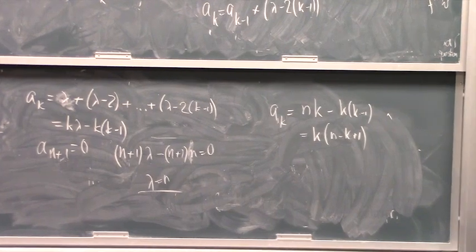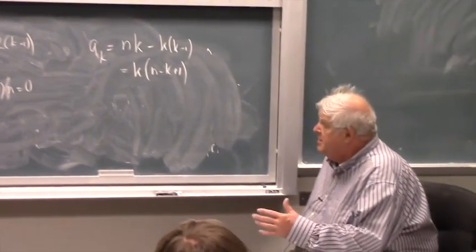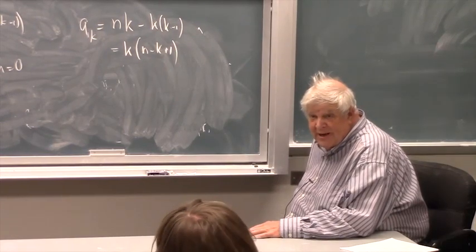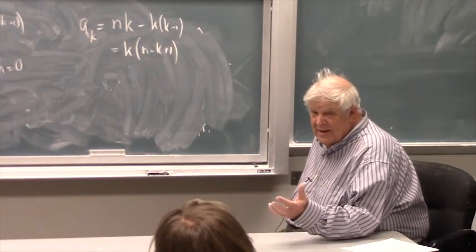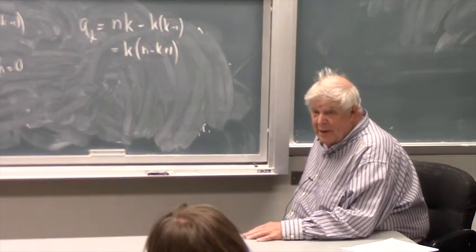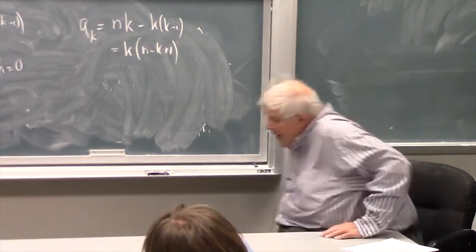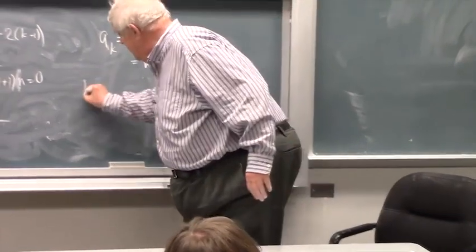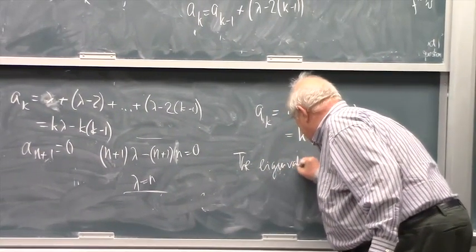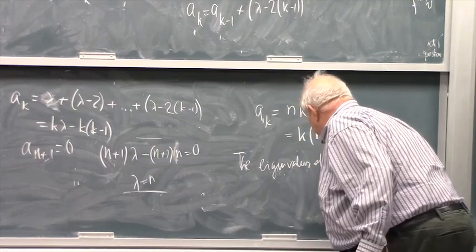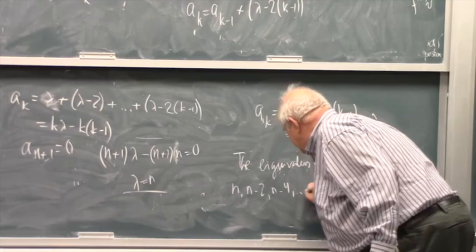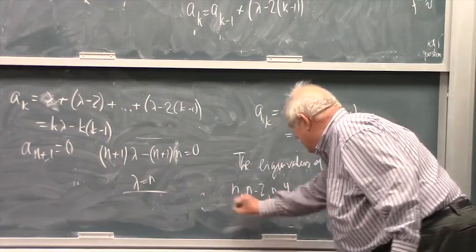I didn't want to have anything. So this is h. The action of h is lambda minus 2k, right? So if k is n, then this will be n minus 2n, negative n. So the eigenvalues of h are n, n minus 2, n minus 4, up to negative n.